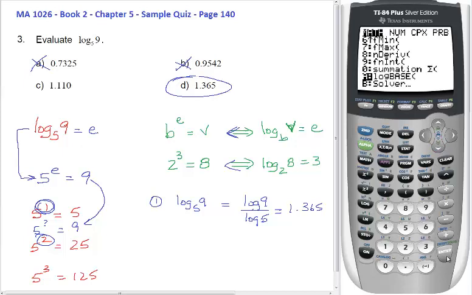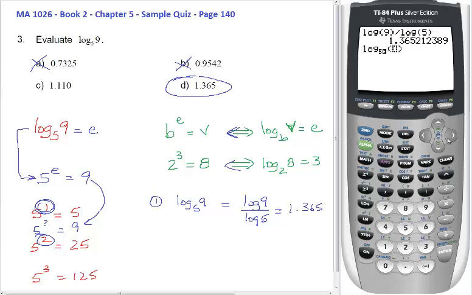Enter. Now this way we can enter a base other than 10, because the log button down there is of course base 10. So log base 5 of 9, scroll over, enter, same answer.